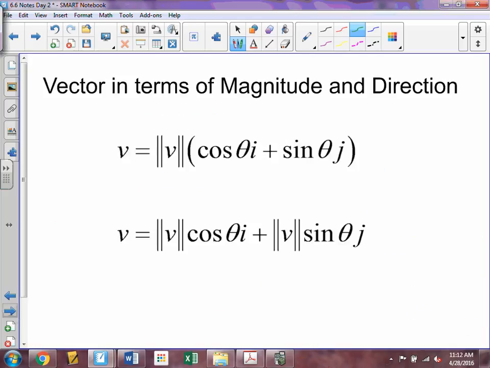Okay, last thing then is how do we write a vector in terms of magnitude and direction if that is the information that we are given. So we have two different formulas. They are basically the same formula. It's just one has the magnitude distributed, one does not.